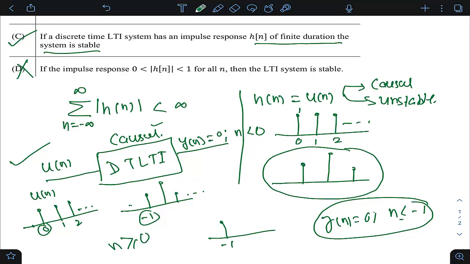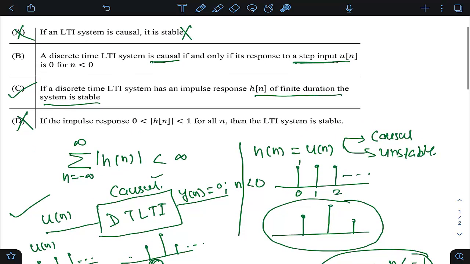Now suppose h of n is starting at, let's say, 5, then y of n will start at 0 plus 5 equals 5. If h of n is starting at 0, then this will start at 0 plus 0 equals 0. So yes, it makes sense that if the input is a step and the response is 0 for n less than 0, then this is definitely a causal system. Because if this is not a causal system, if h of n is starting before n equal to 0, then this condition will not be satisfied.